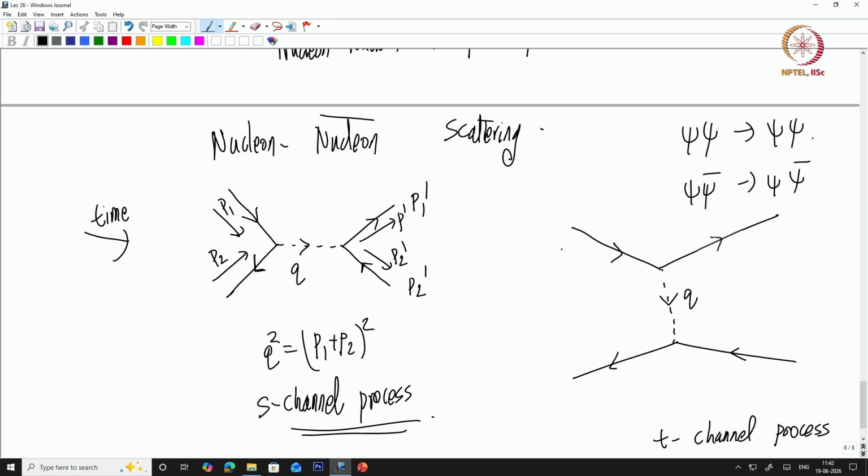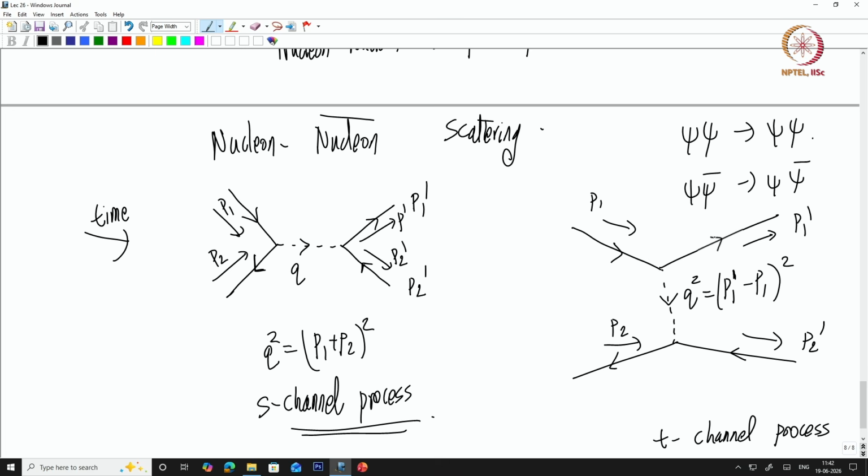So again same thing. Here incoming momenta P1, P2, and outgoing P1 prime, P2 prime. So this momentum would be P1 prime minus P1 whole square essentially.